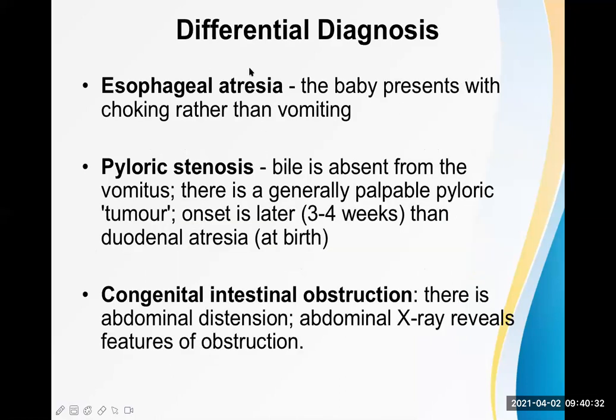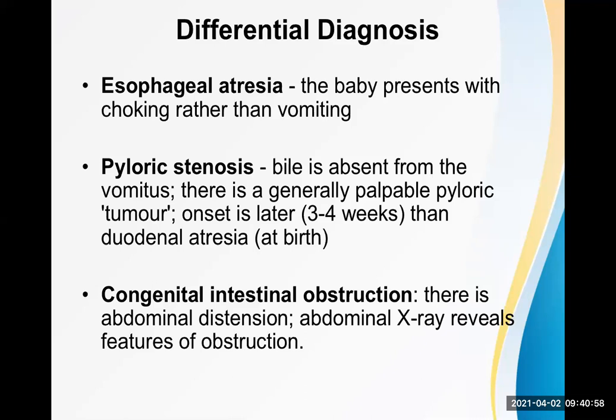Now, what are the differential diagnoses of duodenal atresia? The differential diagnosis can be esophageal atresia, and in this condition, the baby presents with choking rather than vomiting. Sometimes it may look a bit similar. What happens in esophageal atresia is there is a blind loop, isn't it?